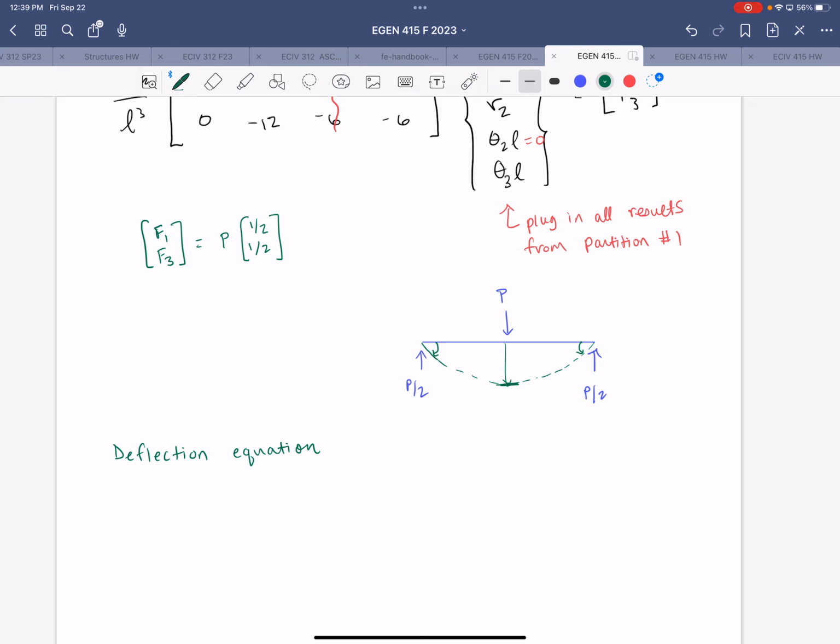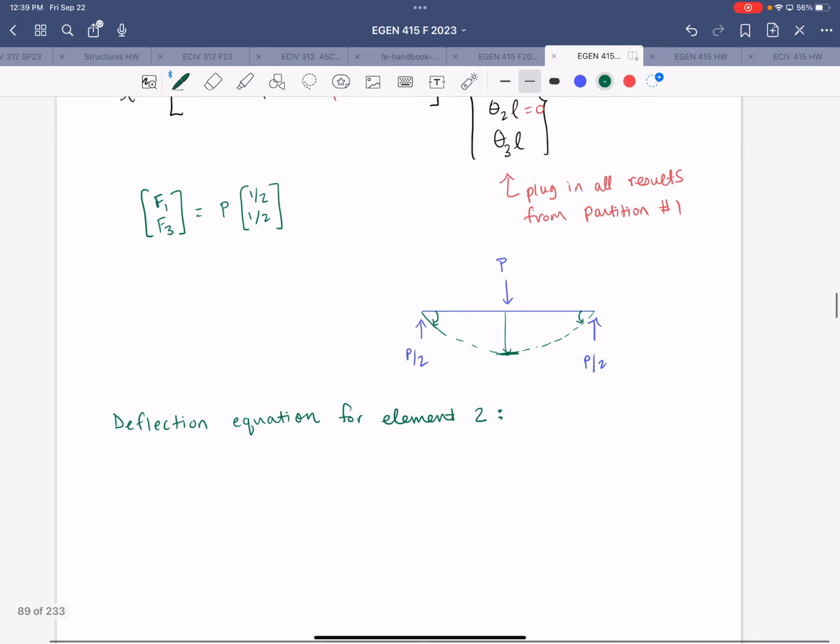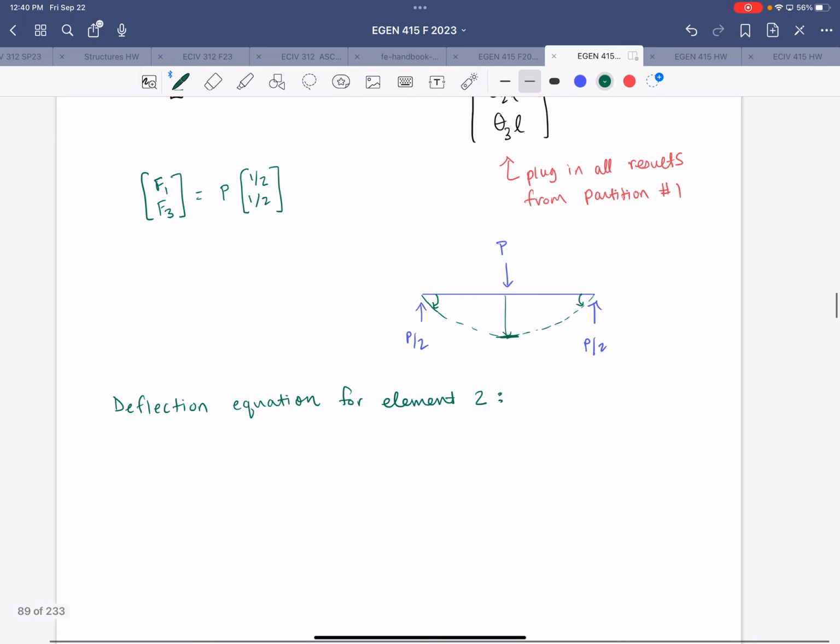In this case, I'm just going to demonstrate the one for element 2. Because that 4-term equation that we derived in the previous lecture for generalized deflection is for just a single element, all right? So we can't apply it to the whole beam. We have to apply it to individual elements.